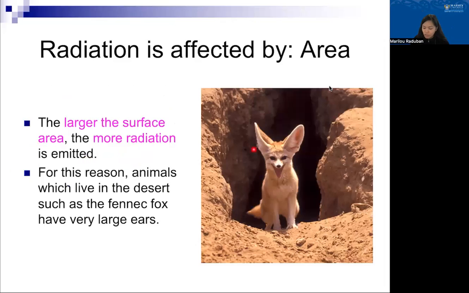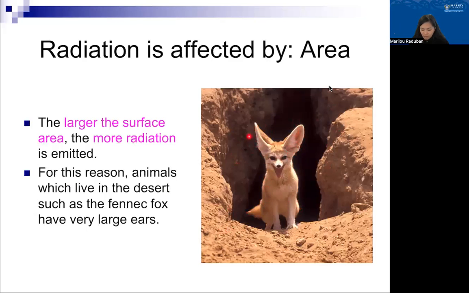Going back to the very first slide where I showed the electrons and protons that are vibrating and emitting these electromagnetic waves that carry energy with them, you can imagine a larger surface area having more atoms that are vibrating and exposed to the environment, so you can have more electromagnetic waves emitted from a larger surface area.